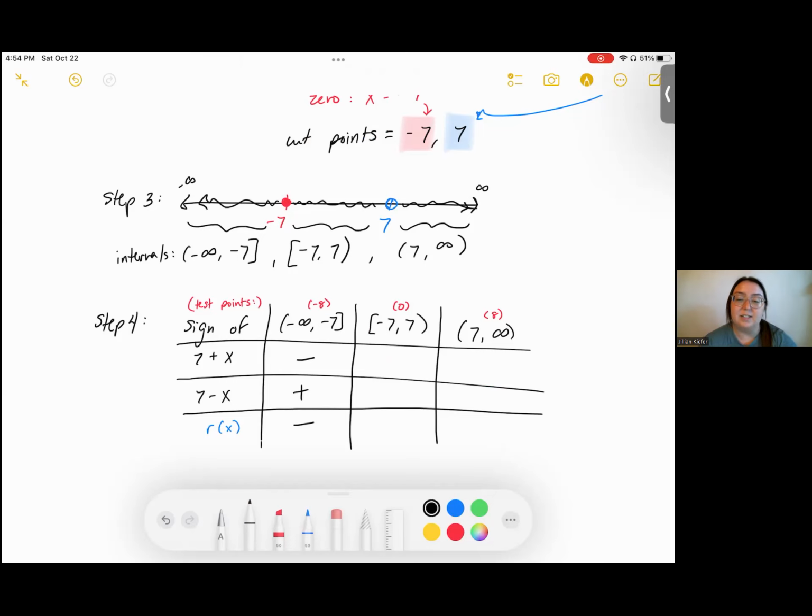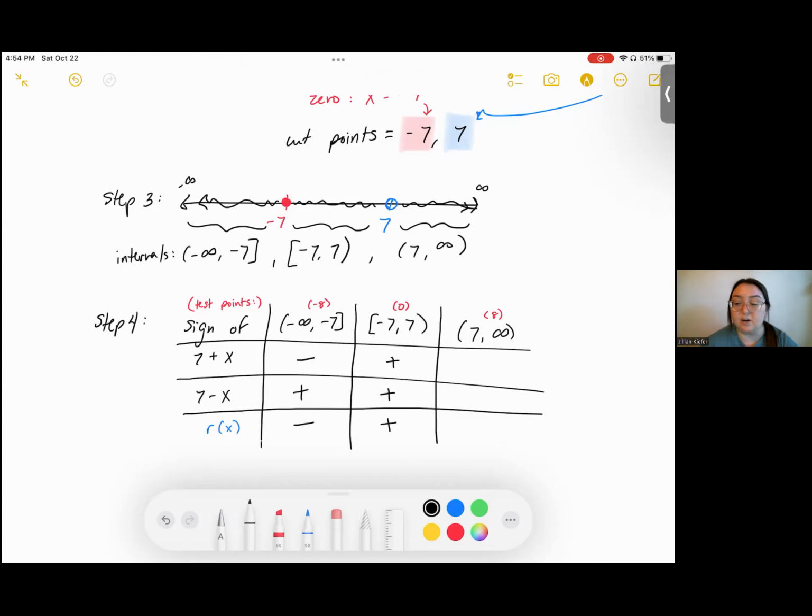Then our next interval, -7 to 7, our test point is 0. 7 plus 0 is 7, which is positive. 7 minus 0 is 7, which is still positive. And then our function R of X would be a positive number times a positive number, which creates a positive number. So R of X would be positive on that interval as well.